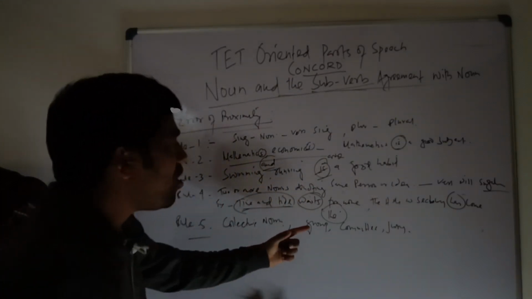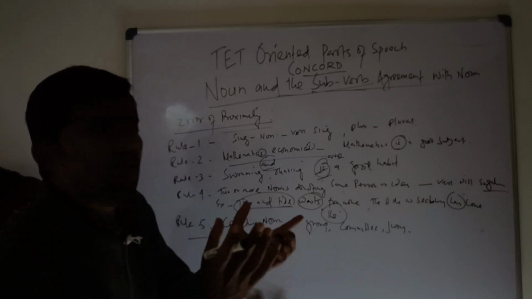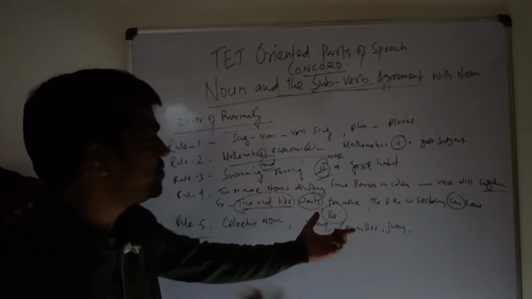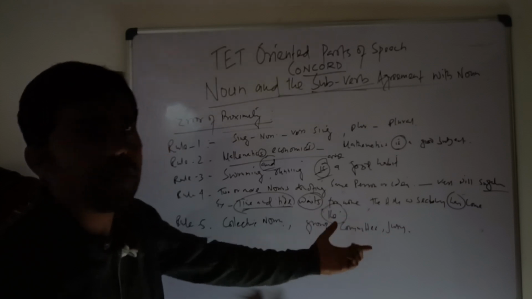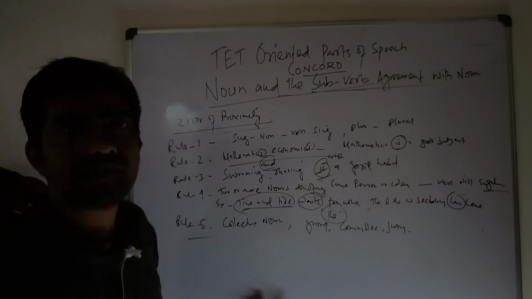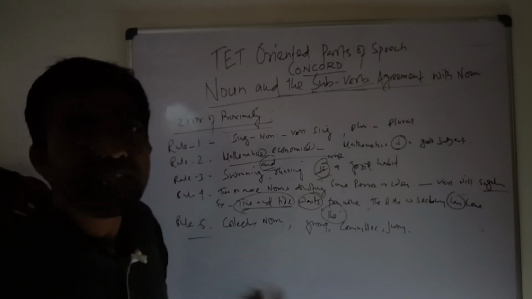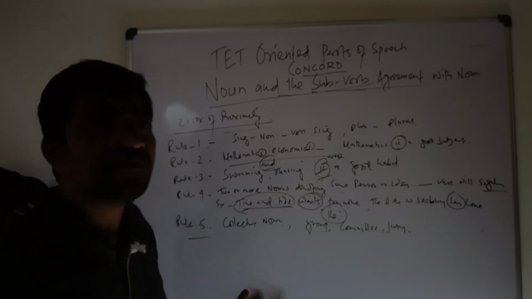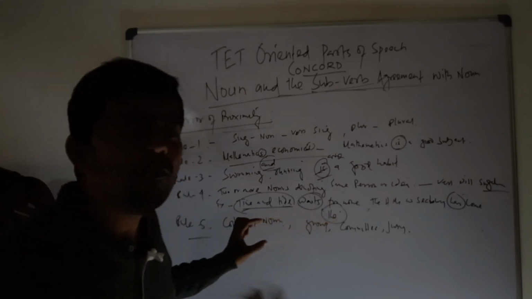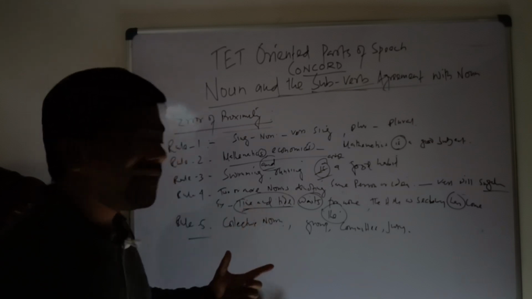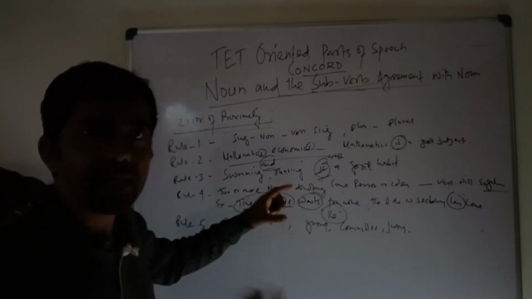If it is thought of as a whole, then it will take singular. But if it is taken as separate, as a noun of multitude, then it will take plural form. So you have to read between the lines whether the sense is singular or plural. It depends on the sense.